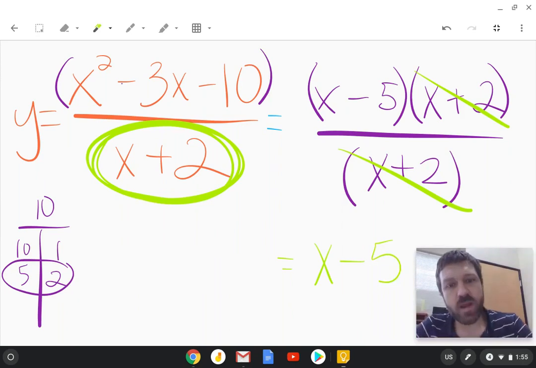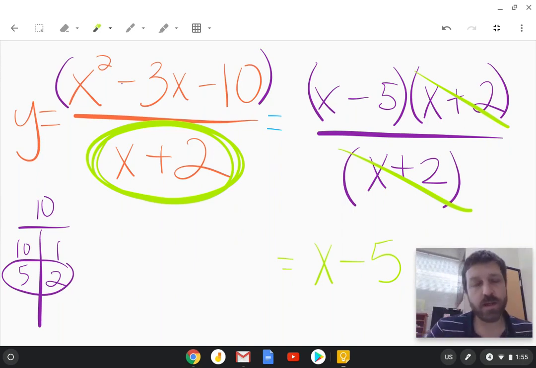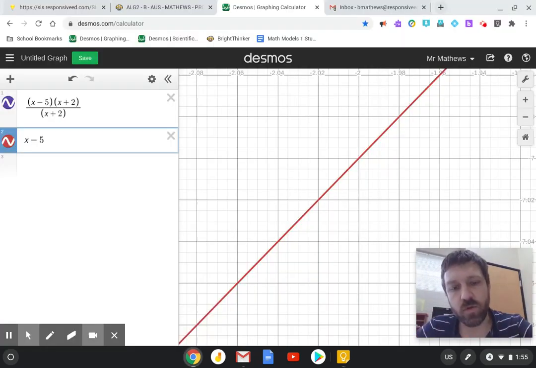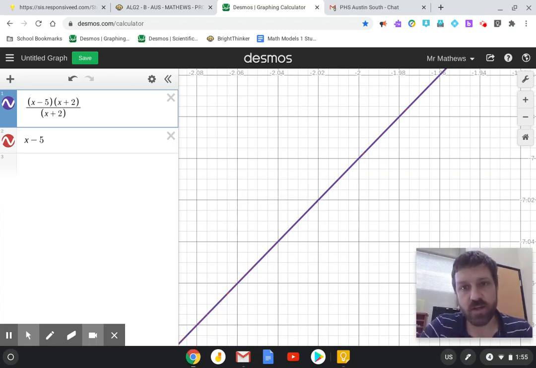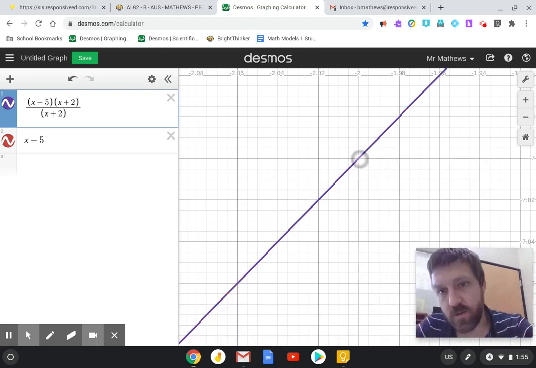Well, we know from our math careers, hopefully, that you can't divide by 0. And so because we can't divide by 0, the graph will not allow that to happen. The values will not be there, which is why at -2 there is no value.